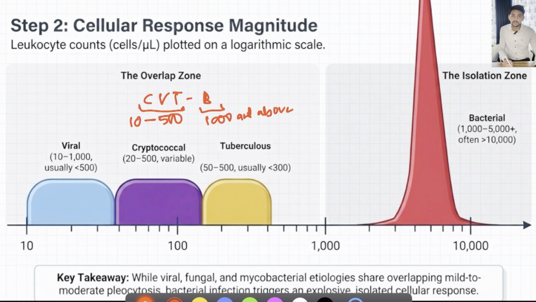So this point again will help in differentiating. If you are seeing the cell count in the range of 10 to 500, it can be due to viral, cryptococcal as well as tuberculosis. But if you are seeing drastically increased cell count, that is an indicator towards bacterial meningitis.